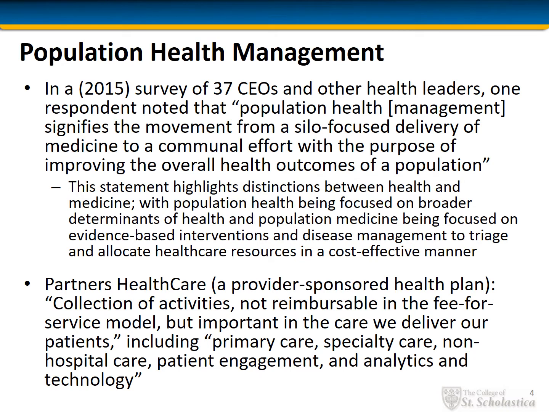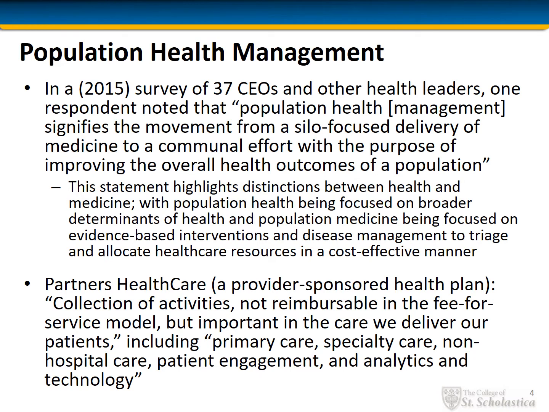This statement highlights distinctions between health and medicine, as we've previously discussed, with population health being focused on broader determinants of health, and population medicine being focused on evidence-based interventions and disease management to triage and allocate healthcare resources in a cost-effective manner.